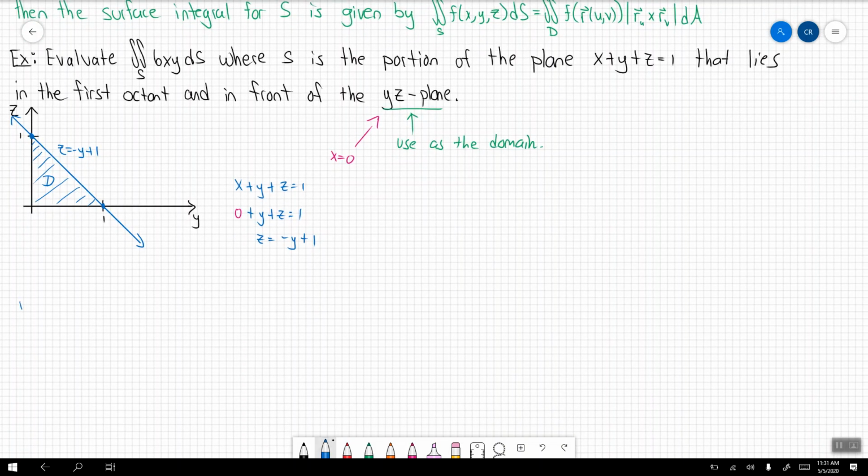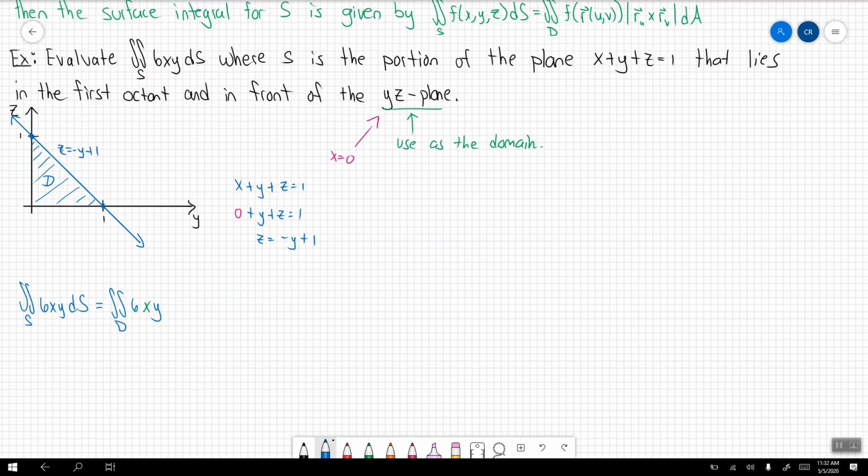It's going to be the surface integral of 6xy dS, and this is going to be the double integral over the region D that I have here. I don't have an x value, so I'm going to leave the x value kind of in green because I need to do something with it.